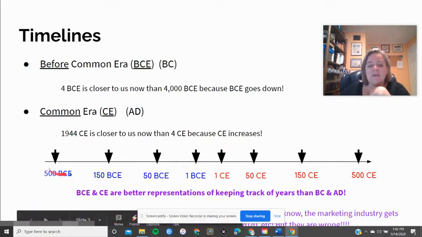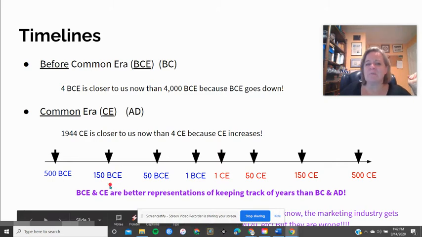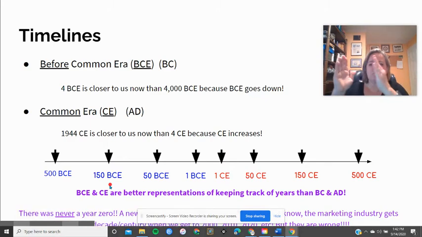So that the year 500 BCE happened before the year 150 BCE, right? 500 comes before 150. That doesn't make sense, except for the BCE, remember, is like negative years. So the numbers go from larger numbers down to smaller numbers.